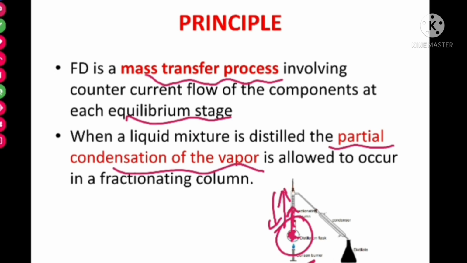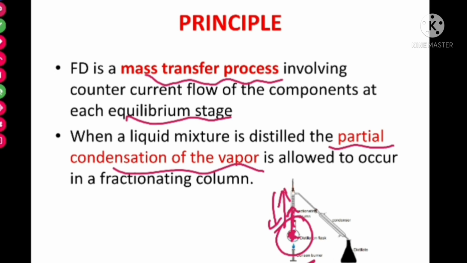The liquid to be distilled is placed in our distillation flask. Heat is applied to the liquid mixture. When the boiling point is reached, the liquid starts to boil and produces vapor. That vapor enters into the fractionating column where partial condensation occurs.